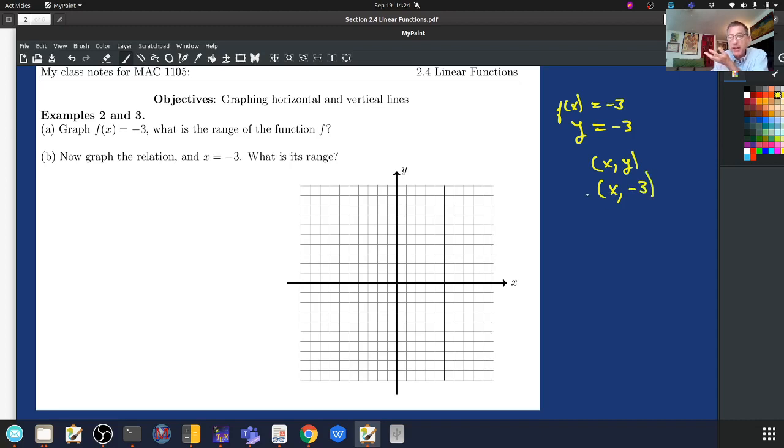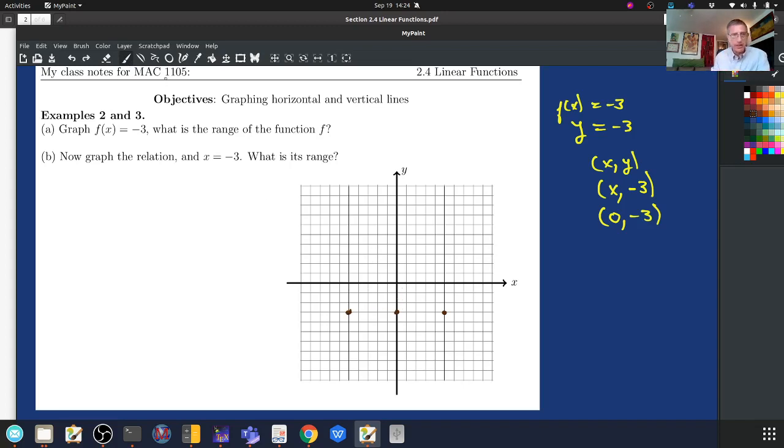X can vary, but y has to be minus 3. So when x is 0, y has to be minus 3. So I know it goes through this point right here. But when x is 5, y still has to be minus 3. When x is minus 5, y still has to be minus 3. And you've got it. This is a graph.